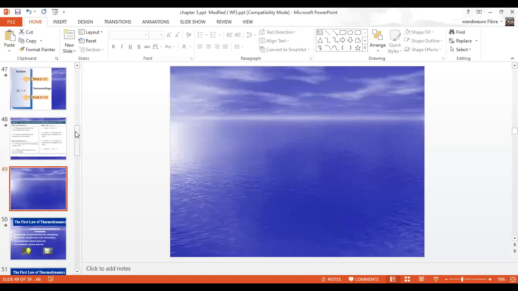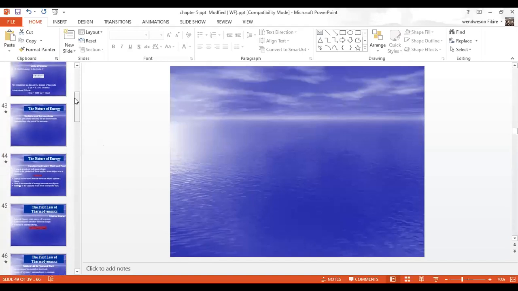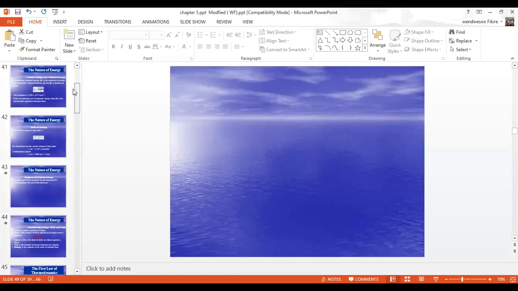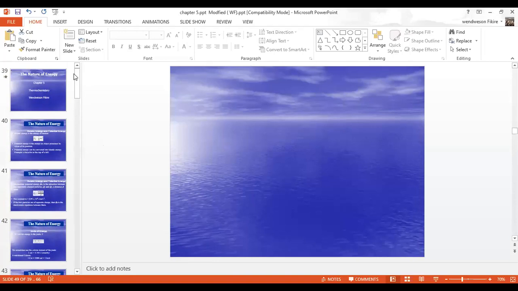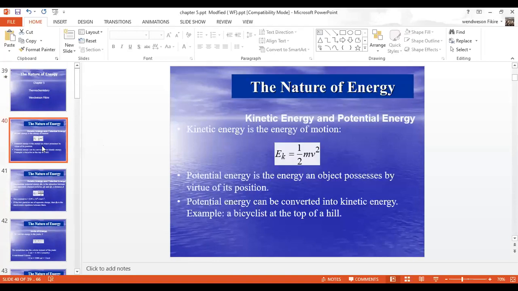This PowerPoint, you can find it in the module section. Number 40: kinetic energy is the energy of motion, and the formula I mentioned is half times m v squared.